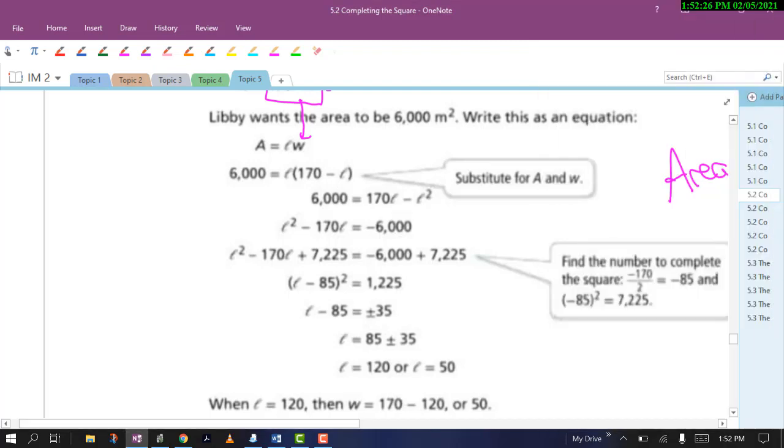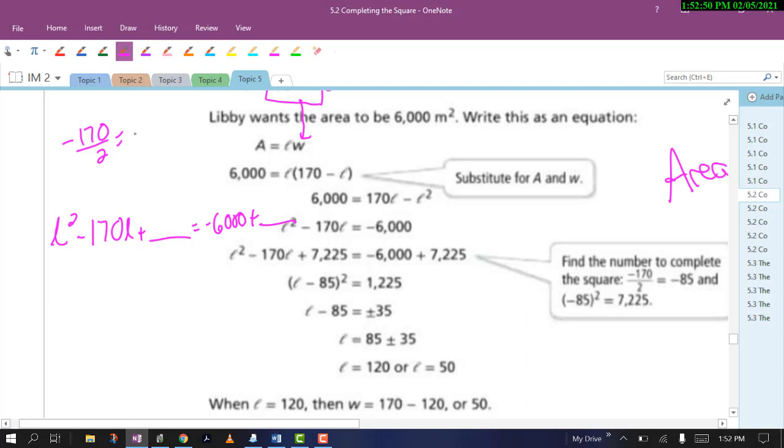So we just switched everything so the signs went the opposite. So we're sitting at L squared minus 170L plus something equals negative 6,000 plus something. So of course it's negative 170 divided by 2.